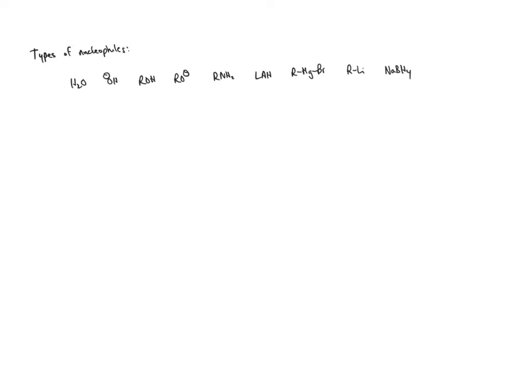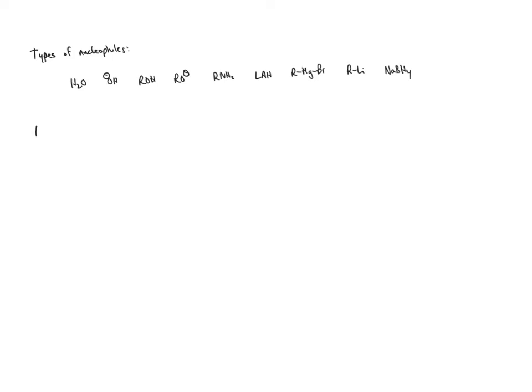Right, so all of the same types of nucleophiles that we had for nucleophilic additions will also be present in the case of nucleophilic acyl substitutions. There are, of course, others, though. There are more types of nucleophiles that don't fit into these categories, and we'll talk about those as we go throughout this section.